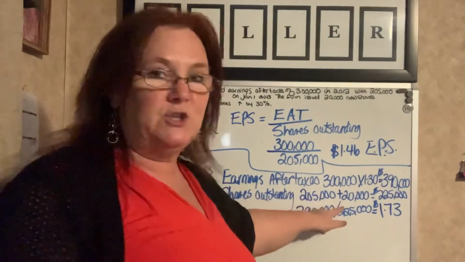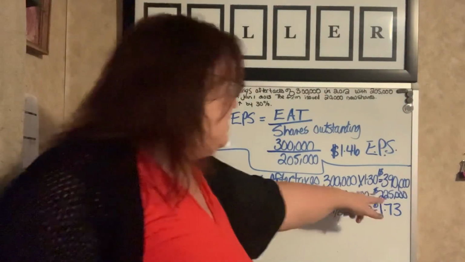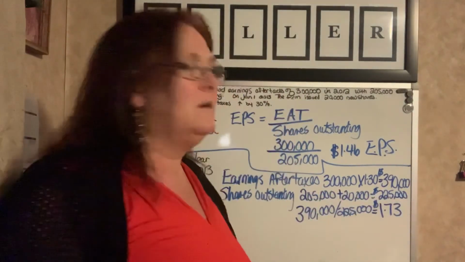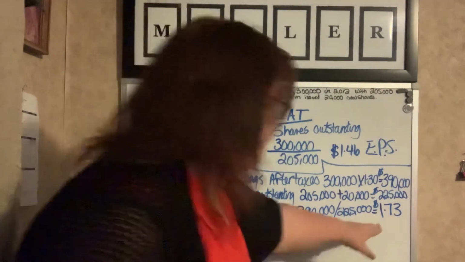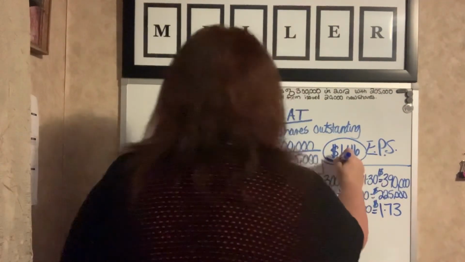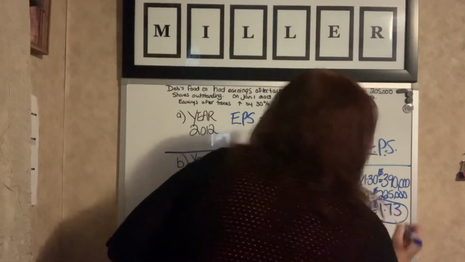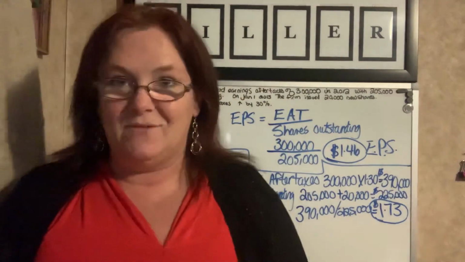It said you purchased 20,000 more shares, so you have to add those in. That'll be your denominator. Do the division, and you've got 1.73. So your answers for this problem for year 1, 2012 is $1.46, and for year 2, 2013 is $1.73.